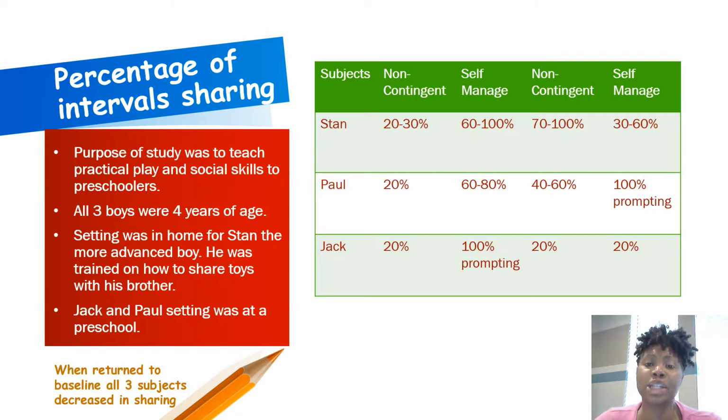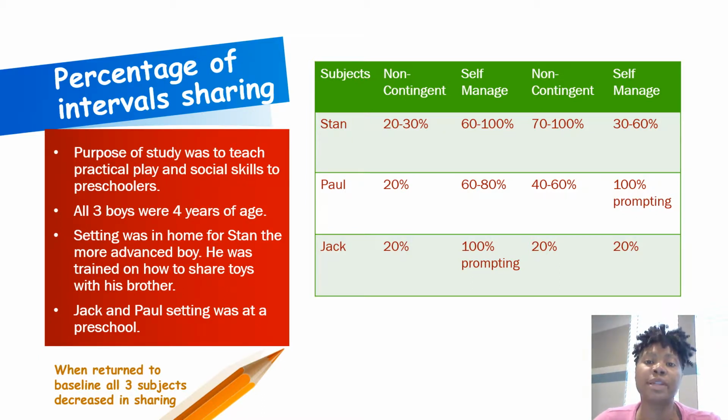During the second non-contingent phase of Paul, it was 40 to 60%, which yielded a higher rate than before. He was only at 20%, and 100% with self-managing of taking the tokens when he was supposed to monitor his own correct responding, and there was some prompting there.